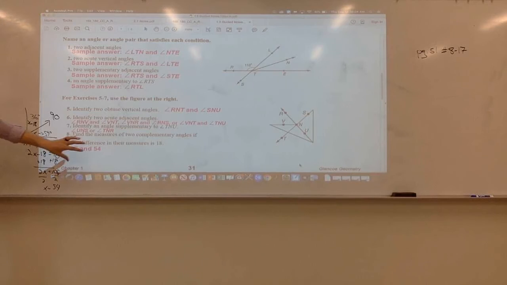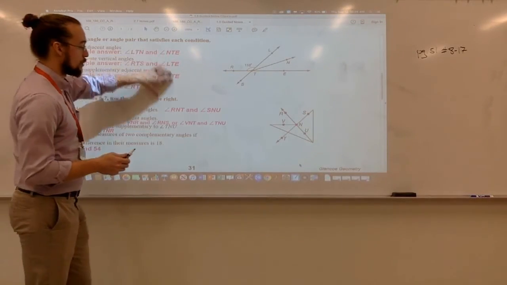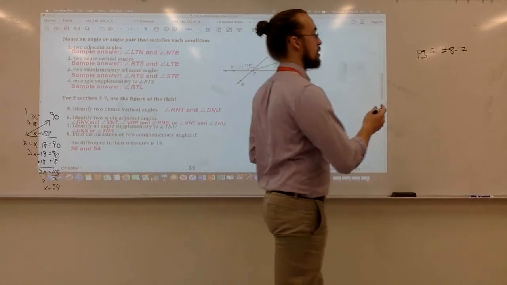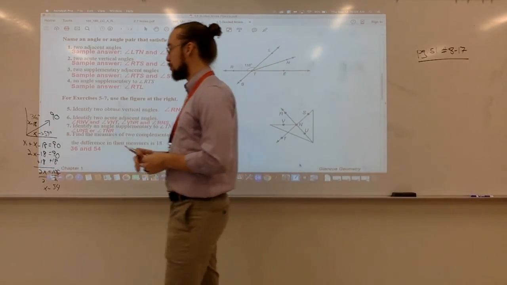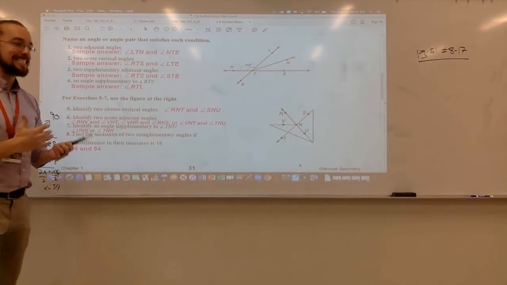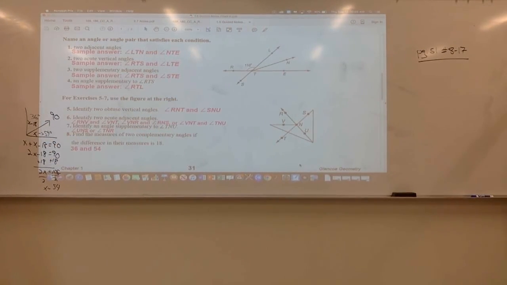Now, we did not do any examples of things like that. Tomorrow, we'll take a look at problems like this. Today, we just focused on identifying these relationships. So, your homework, page 51, numbers 8 through 17, is just all about identifying these different types of relationships.